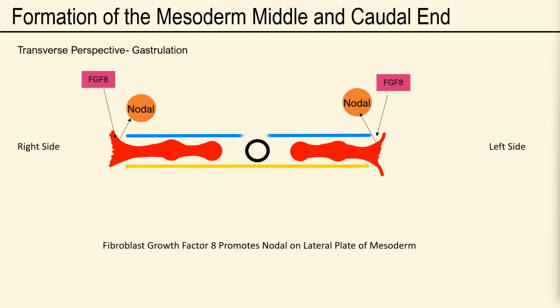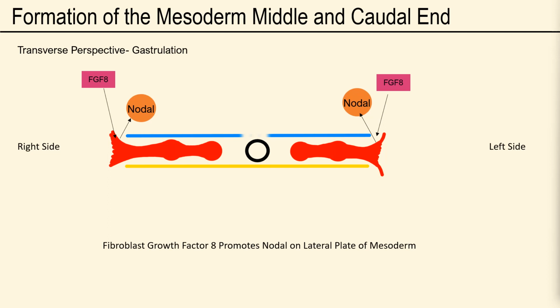When the primitive streak appears, FGF8 is secreted by cells in the node and the primitive streak, and this growth factor induces the expression of nodal in the lateral plate mesoderm. Nodal expression is then restricted to the left side of the embryo by the accumulation of serotonin on that left side.